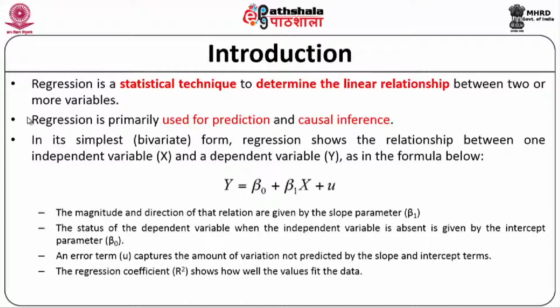All that we are trying to do is identify whether there is any interrelationship exhibited by these attributes, and this interrelationship may be used for arriving at conclusions. Regression analysis is one such technique that helps us determine the linear relationship exhibited by two or more variables. Regression is primarily used for prediction and for causal inferences.